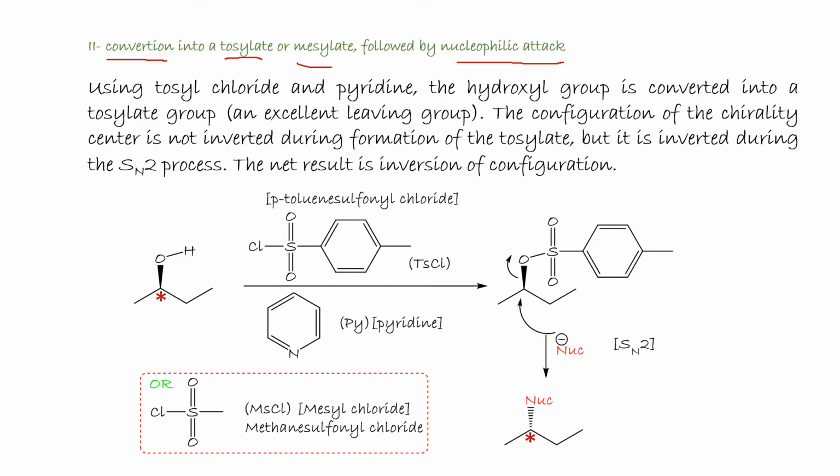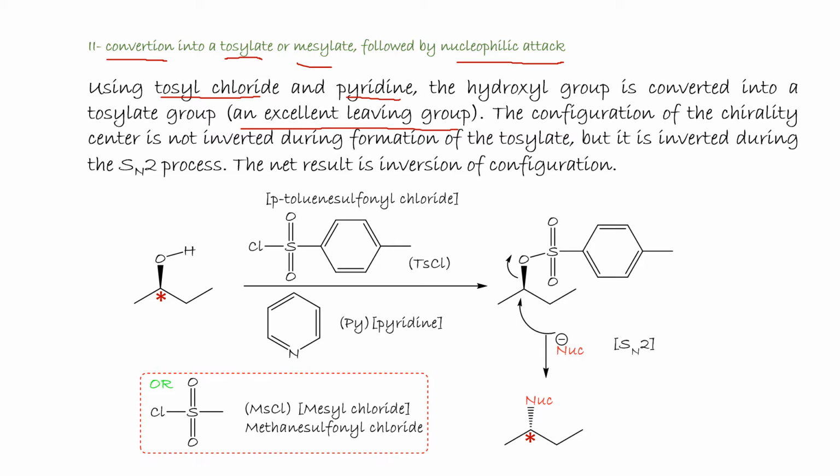Here we transfer the OH to a tosyl group or mesyl group using tosyl chloride and pyridine. The hydroxyl group is converted into a tosylate group, an excellent leaving group. We talked about it before and why.